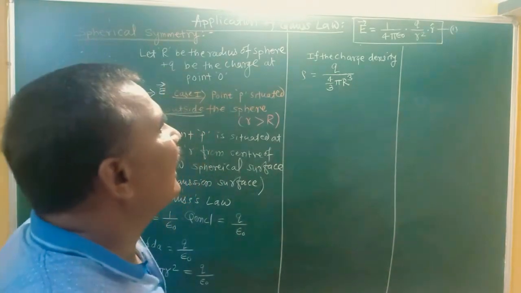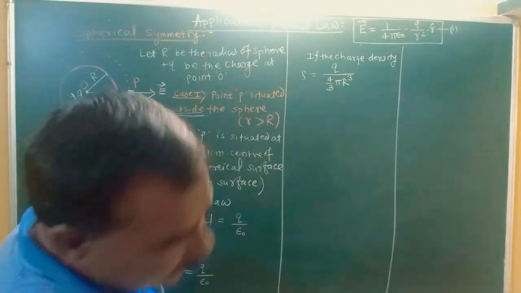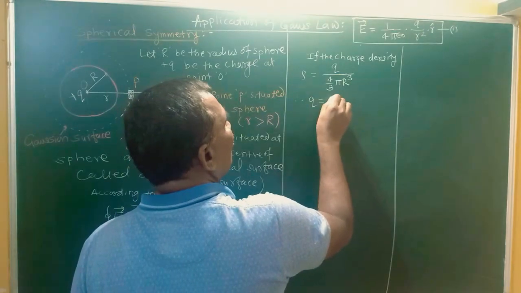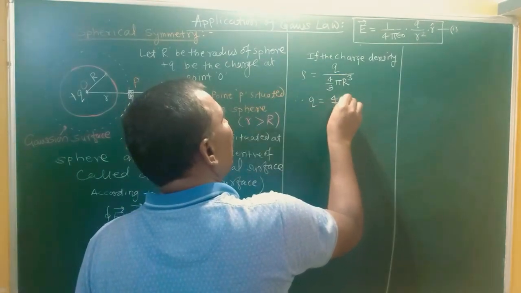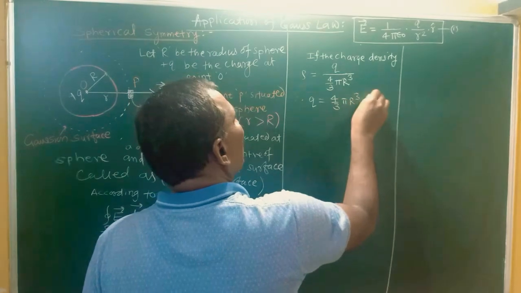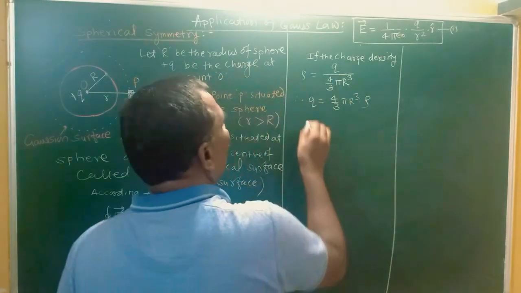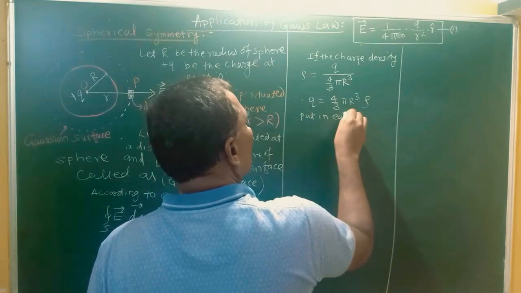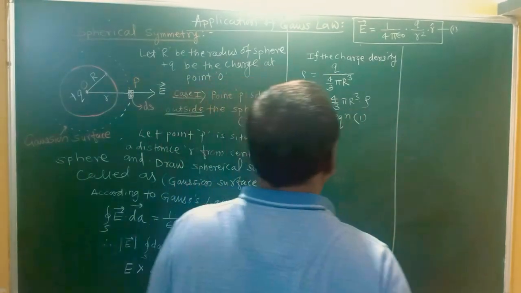What we get is that the value of charge, Q, is equal to 4 by 3 pi r cube into rho. Put in equation 1. We substitute this value in equation 1.